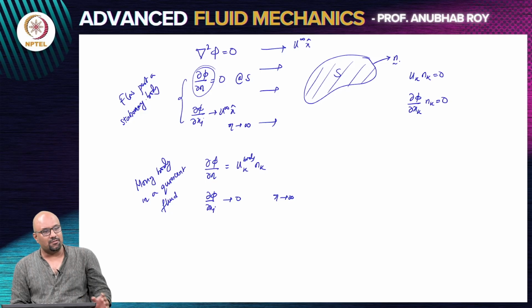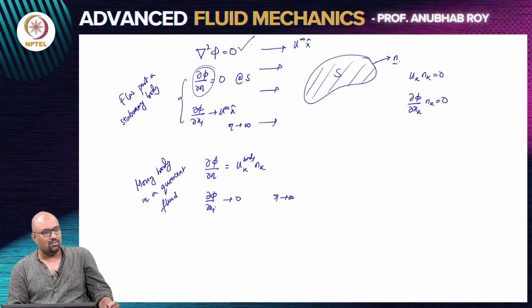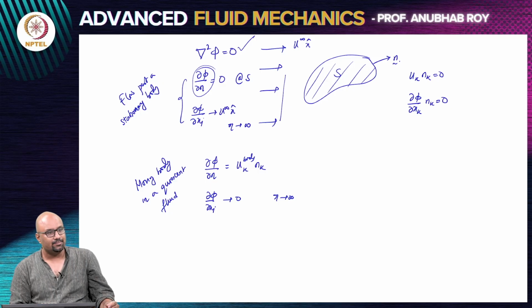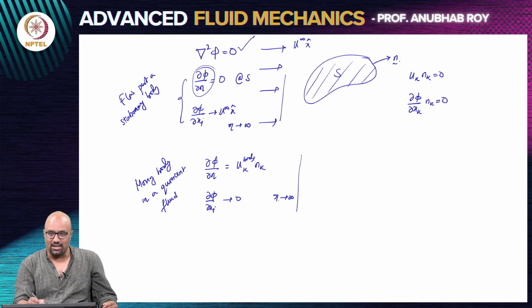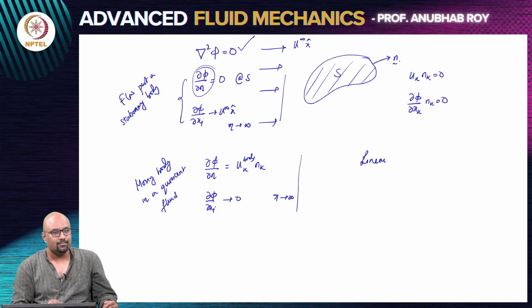So, the scenario of solving your Euler's equation gets significantly simplified. You are solving for a Laplace equation for a velocity potential subject to these boundary conditions. Now, there is also one thing nice about this whole system. Whatever you have here, the expression for the velocity potential, the solution for the governing equation for the velocity potential, the boundary condition, this is all linear.